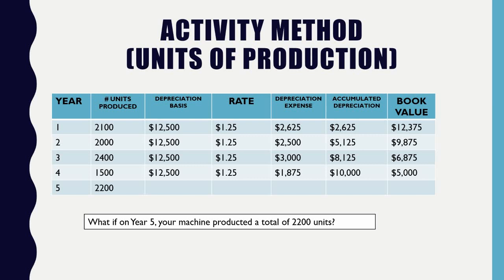Okay, so let's go ahead and solve for it. The depreciation basis is going to stay the same and the rate's going to stay the same, but this time I need to calculate my depreciation expense. If I have $1.25 per unit and I produce 2,200 units, what's going to be my total depreciation expense for year 5? $2,750.